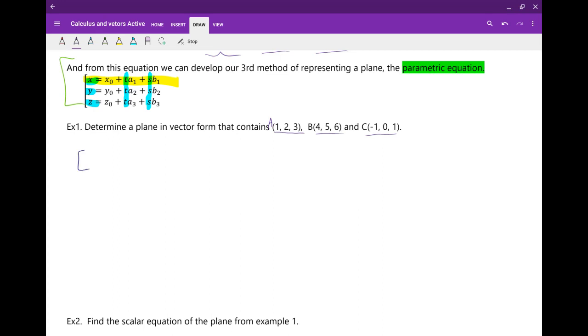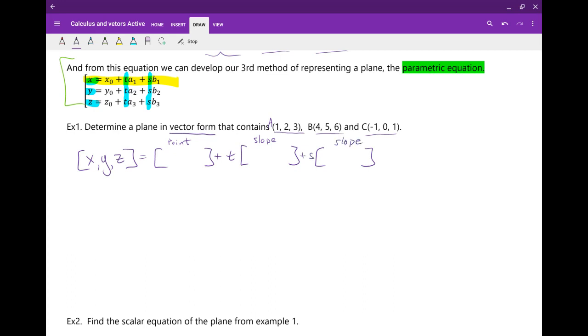And so basically, in vector form, I know that my answer is going to look like this: X, Y, Z, and then it's going to have some point on the plane, plus T times some kind of slope on the plane, and then another slope as well here.